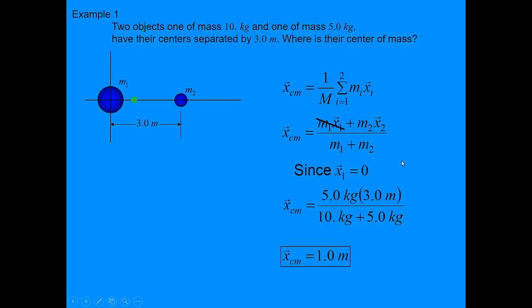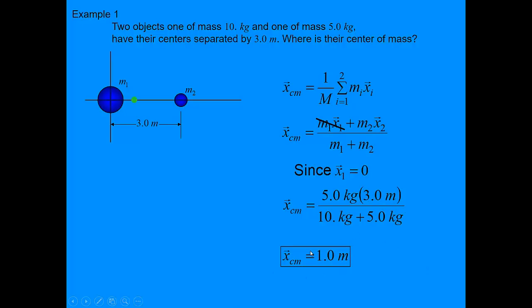But the equation here always works. So if we spun this, it would spin around that point. If we threw it through the air, that point would go in a parabola. If we wanted a fulcrum, we could put it right under there, and we'd end up with it all nicely in balance. So 1.0 meters. Everybody okay with that?